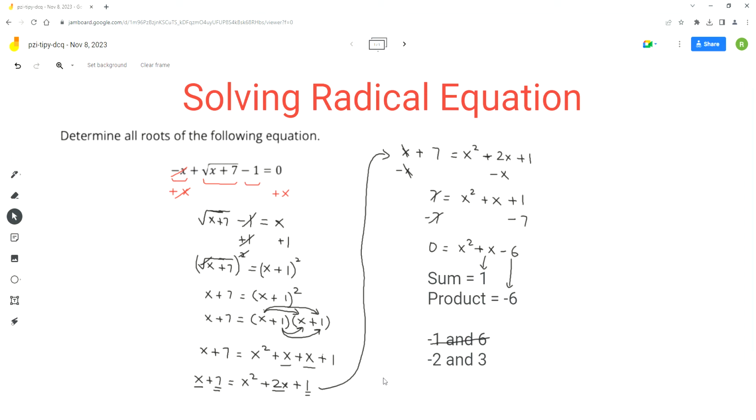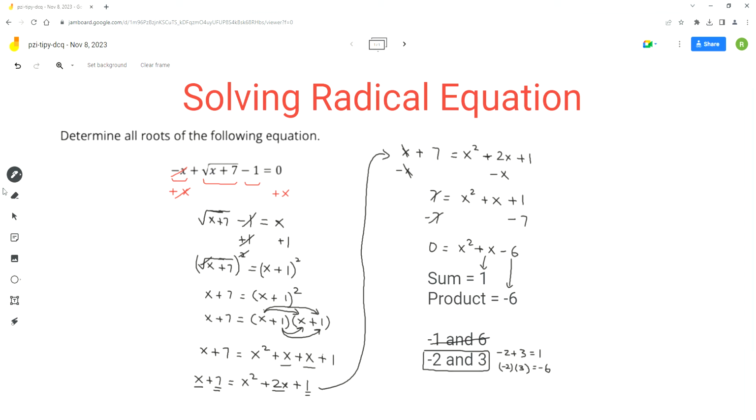So this pair works because negative 2 plus 3 is equal to 1, and negative 2 times 3 is equal to negative 6. So these are the numbers I'm looking for.